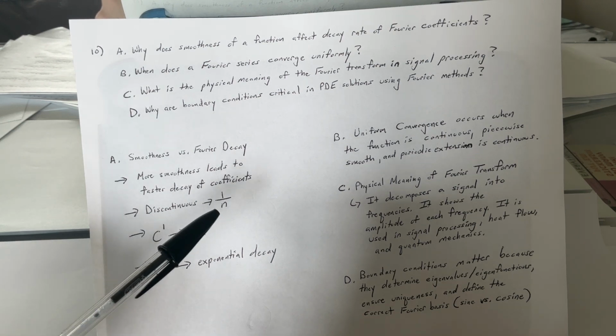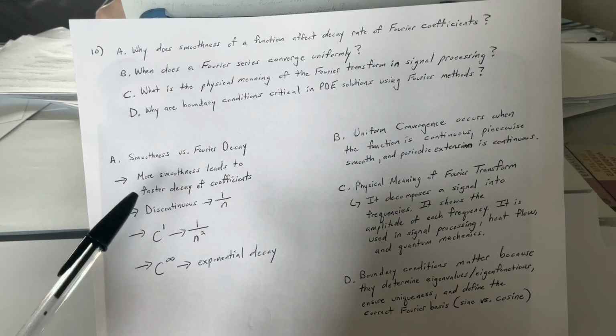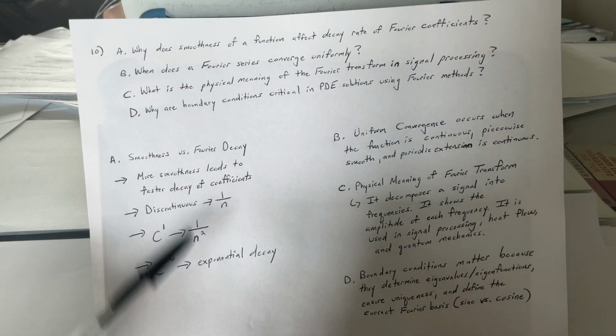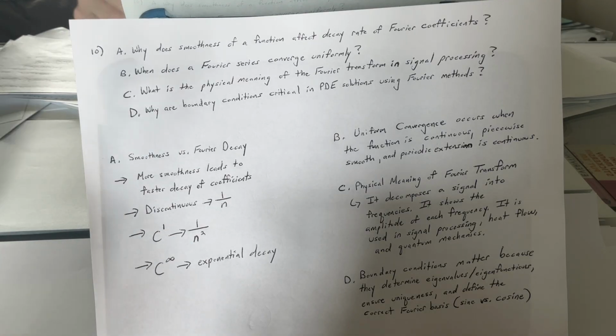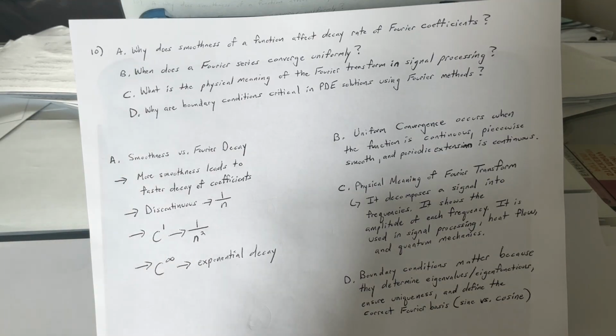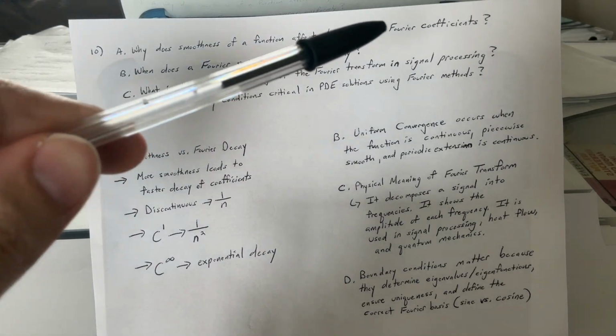Discontinuous, you get 1 over n, and then C1, 1 over n squared, okay, and then C to infinity, you're going to get exponential. Think in terms of exponential decay, okay? All right. So the fundamental concept there for why does smoothness of a function affect the decay rate?